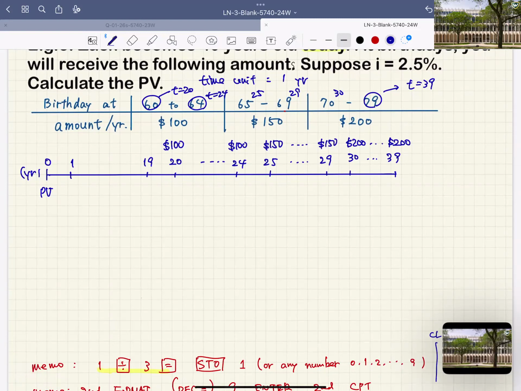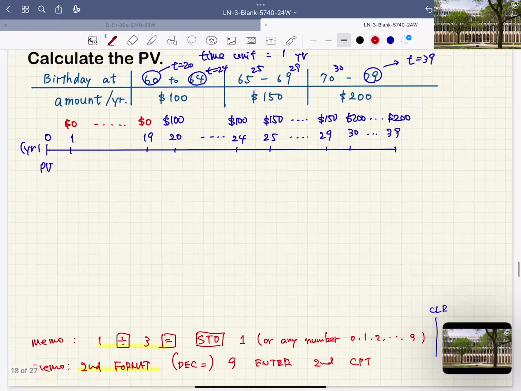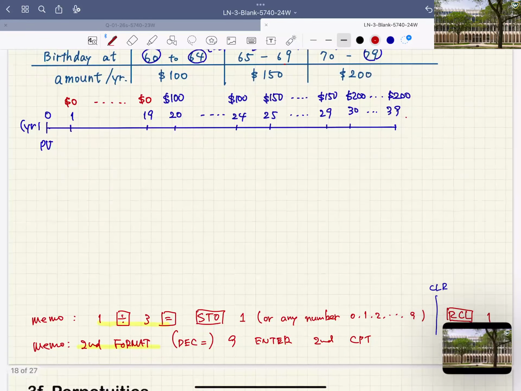Okay, so one strategy is just to use the block payment formula. You can say that for t equal to 1 to 19, you will get $0. In this way, you can make this example exactly a block payment problem. So we consider at first the longest cash flow, that is 1 to 39, the most recent cash flow, $200. So we consider the payment of $200 for 39 years.